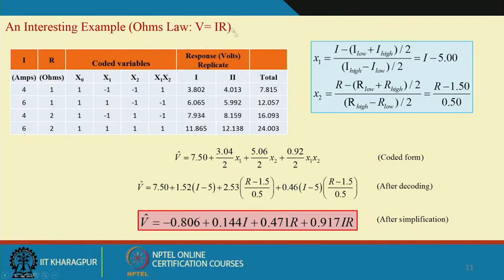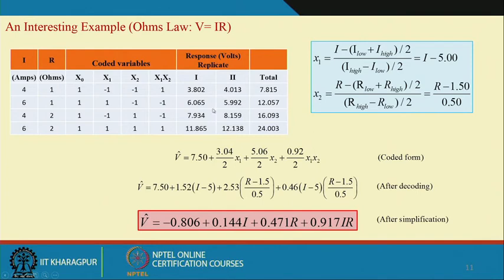Suppose a laboratory experiment was conducted, keeping I at two levels, 4 amperes and 6 amperes, and resistance at two levels, 1 and 2 ohms. This is basically a 2 to the power 2 design, and this is the design matrix for regression. Suppose the response, volts, is replicated twice; these are the responses obtained, and this is the total.